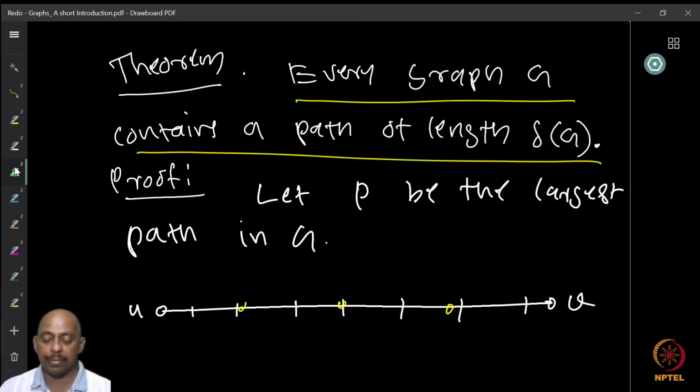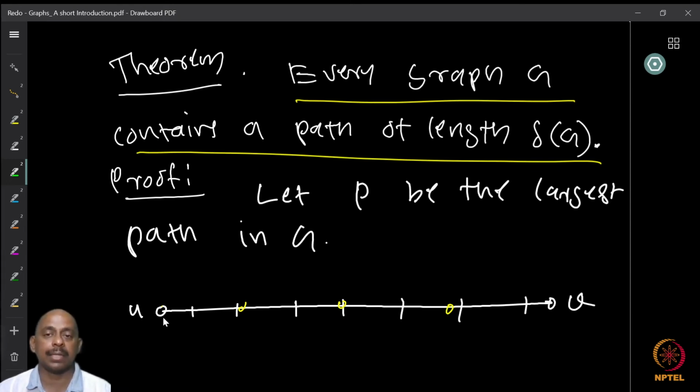Now, since this is the maximum length path, let us look at the vertex U. If the minimum degree of the graph G is 1, since there is at least one edge in this graph, you know that there is a path of length 1. So if the minimum degree is 1, then I am done. I have an edge, therefore I have a path of length 1.